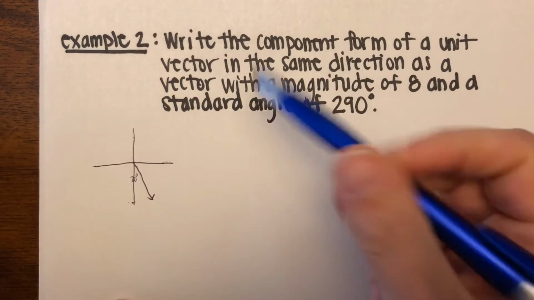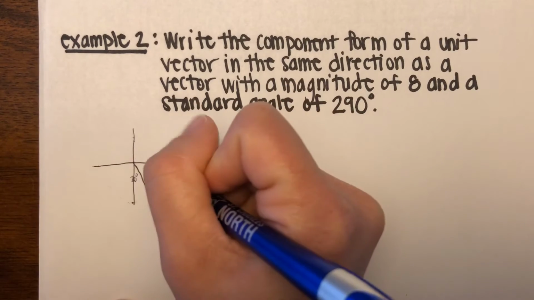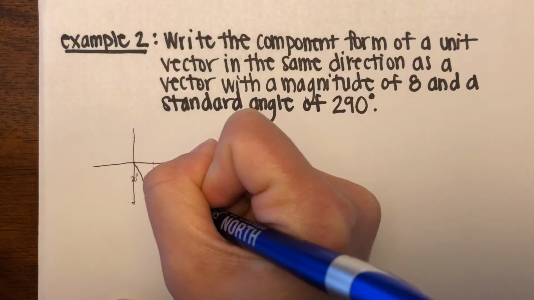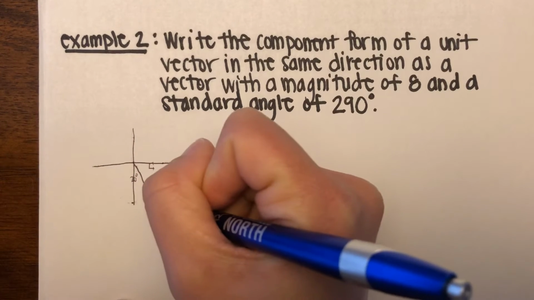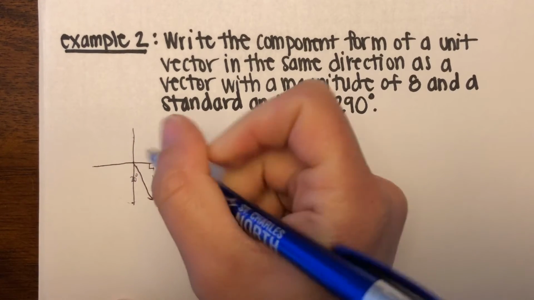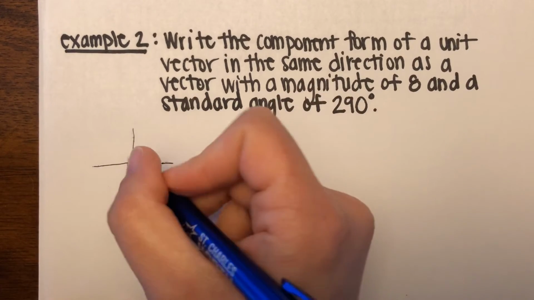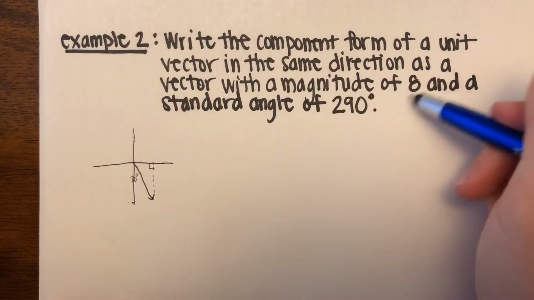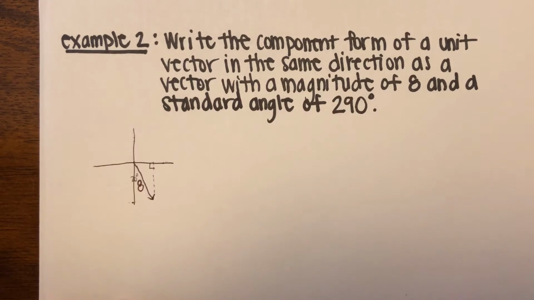And like I was talking about in the previous example, I'm going to turn this into a right triangle by drawing a height to the x-axis. You guys are going to be tempted to try to draw across to the y-axis, but it'll be less confusing for you guys if you go to the x-axis. Okay? So I know that my hypotenuse, or the magnitude of my vector, is 8. So I'm going to label this right here as 8.